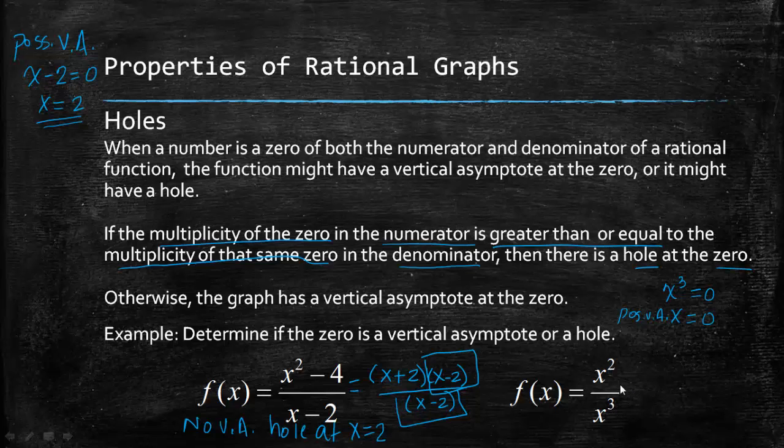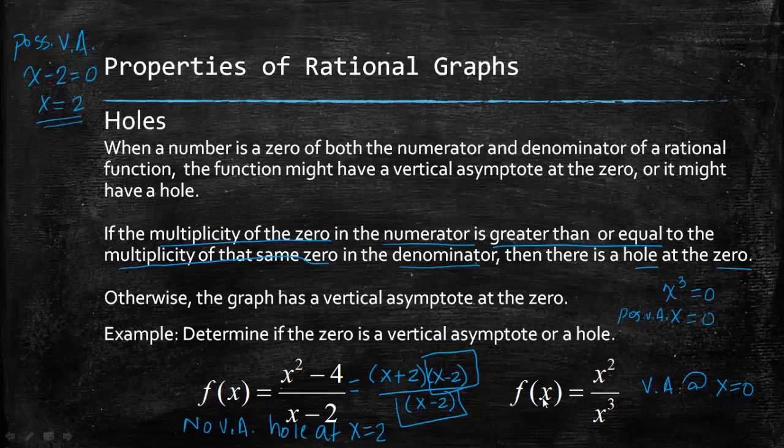That means that the multiplicity in the numerator is 2, while the multiplicity in the denominator is 3. So the multiplicity in the denominator is greater than the multiplicity in the numerator. That means that I will have a vertical asymptote, not a hole, at x equals 0.